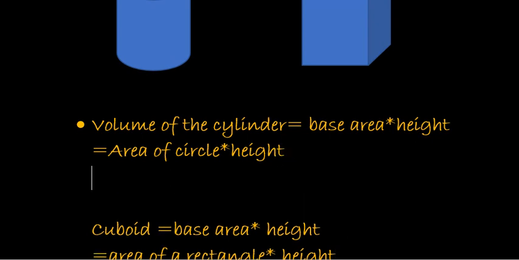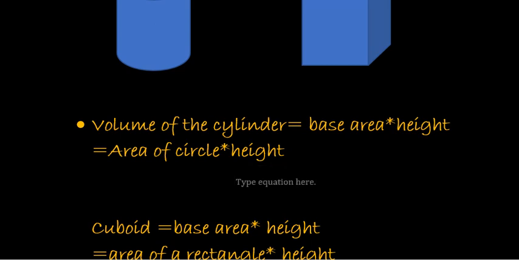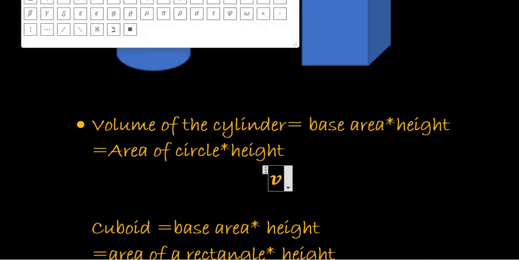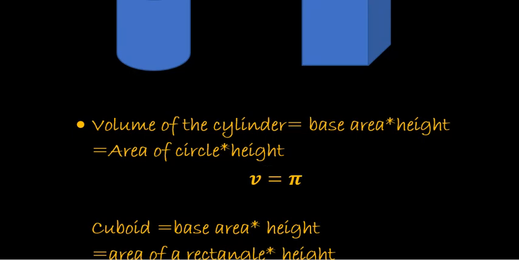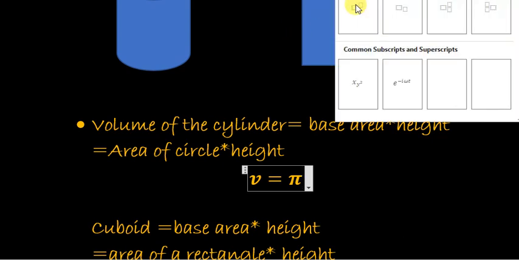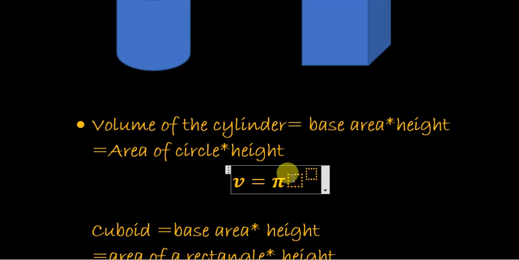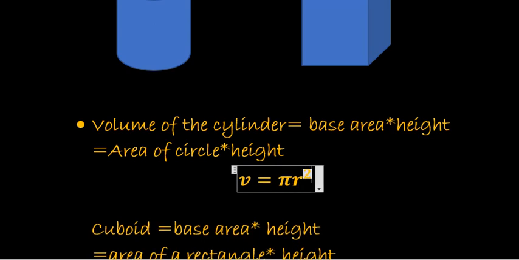So our volume for the cylinder, V can be inputted as pi r squared, and then times the height.